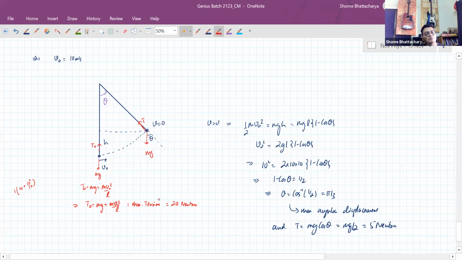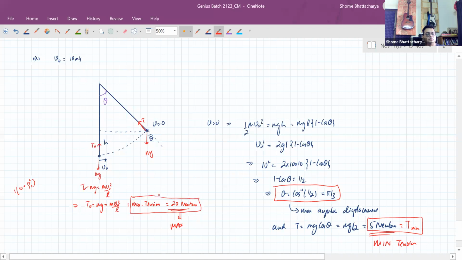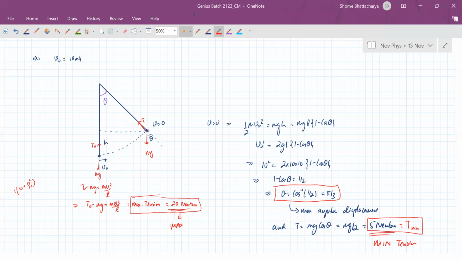So this will be the maximum tension and this will be the minimum tension in this particular case. And this is the maximum angular displacement. Okay, so hope this case is clear.